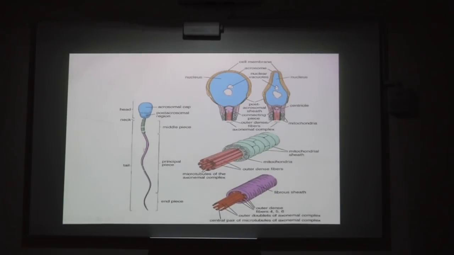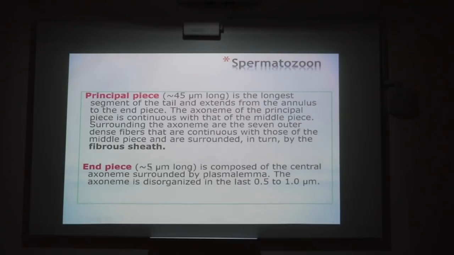If you look at the principal piece, it again has the center pair of microtubules and the outer pairs of microtubules, which form the axonemal complex, and then surrounding it, rather than the mitochondrial sheet, now you have the fibrous sheet. So this is the difference between the middle piece and the principal piece of the sperm.